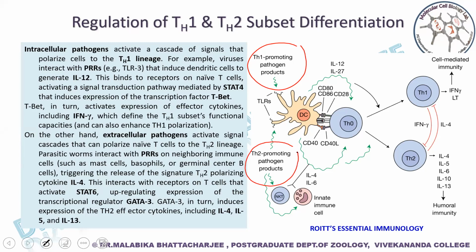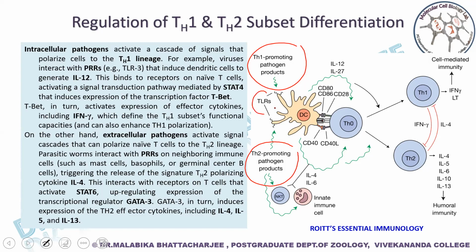When I talked about innate immunity, I said that one of the important players of the innate immune cells are the dendritic cells. And these dendritic cells can recognize the pathogens by the presence of the molecular patterns on the surface of these pathogens, which are known as PAMPs. So these PAMPs are recognized by receptors present on the dendritic cell, which are known as pattern recognition receptors.